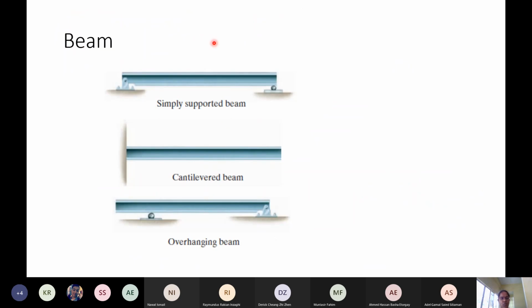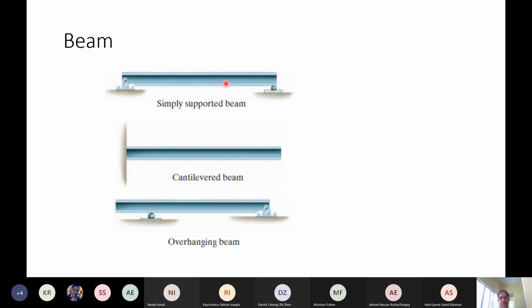What is a beam? Let's recall what a beam is. A beam can be simply supported, cantilever, overhanging, or fixed. There's another one, fixed on both sides. If you see the simply supported, it is like a beam kept over a support.